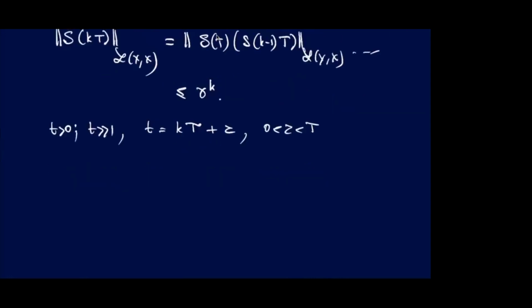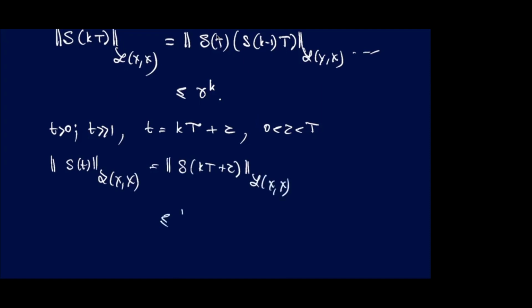Okay, so then the norm of S t, which is the norm of S of k T plus tau, will be less than the norm of S of k T, right? Why?